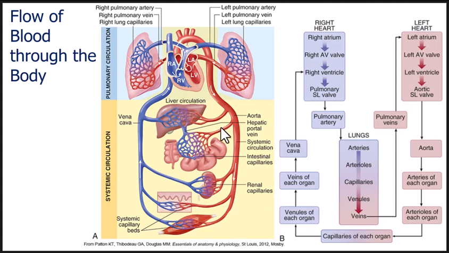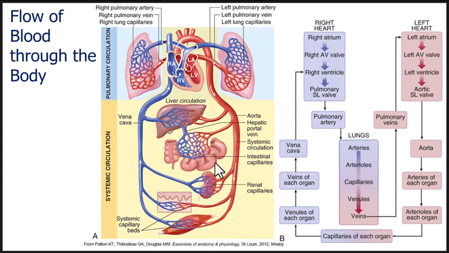Then it's going to reach the capillary level, the arterial end of the capillaries, where this oxygenated, now nutrient-rich blood is going to be deposited at the tissue so that those cells can use the substances found within the blood for their own metabolic processes and for survival.